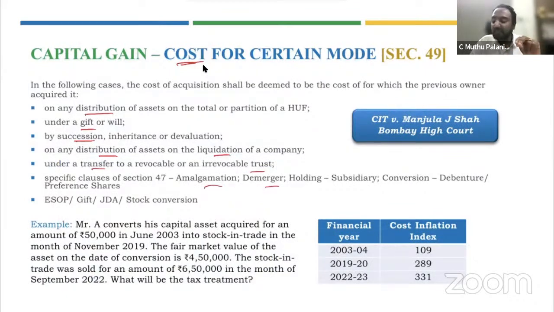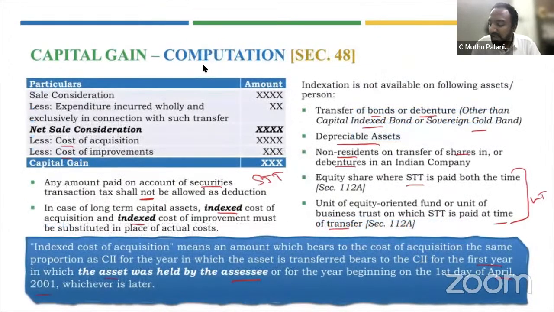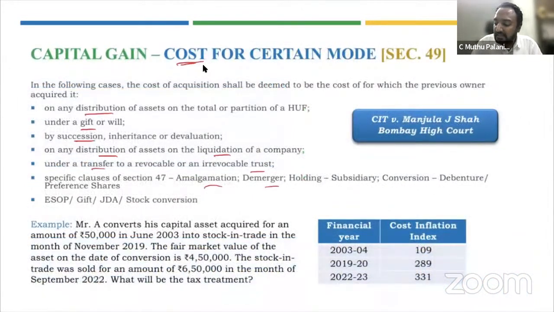So when you are indexing, the wording used is 'asset was first held by the assessee'. In this case, let's say father to son under gift or succession. The asset would have been first held by the assessee, who is the son. Son is the one who is finally selling.